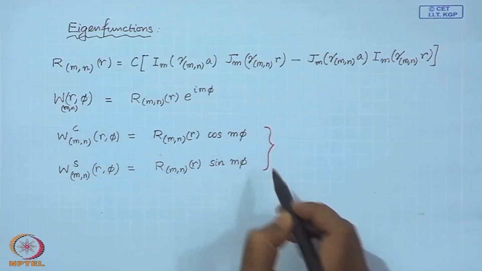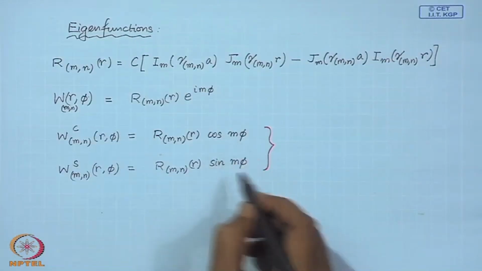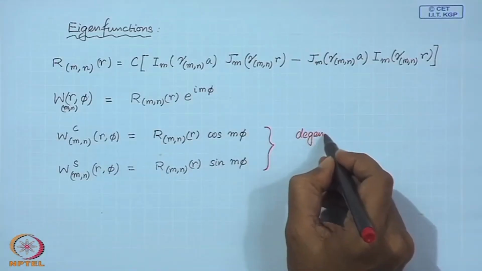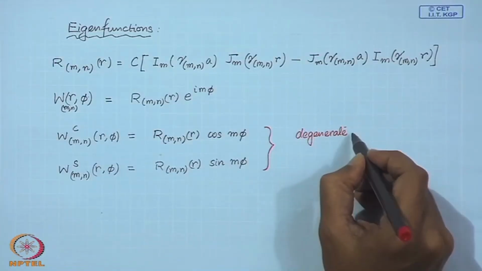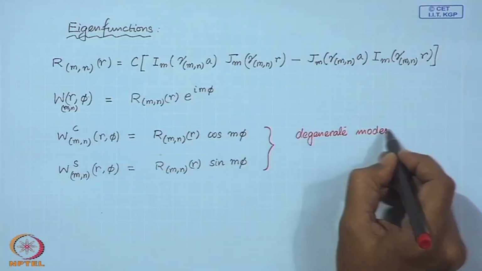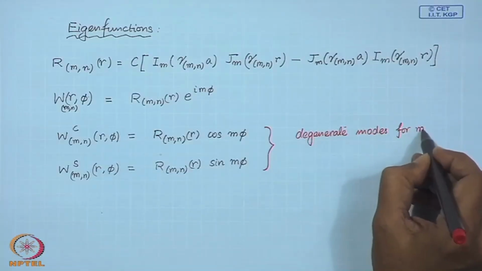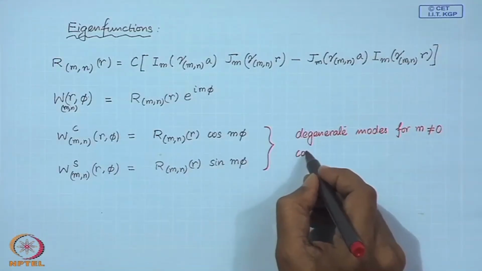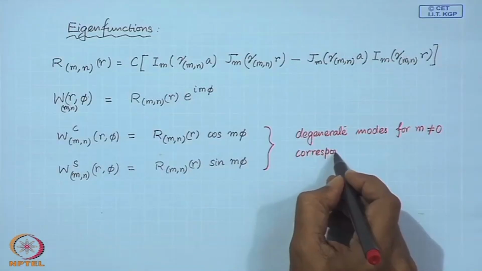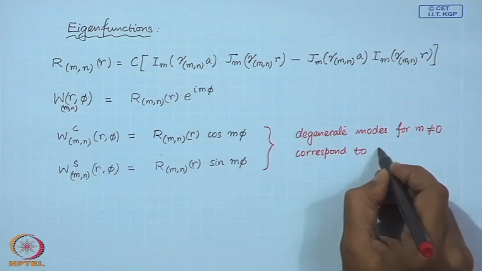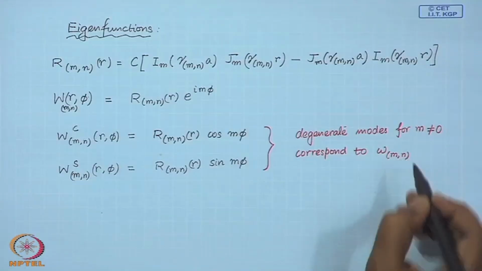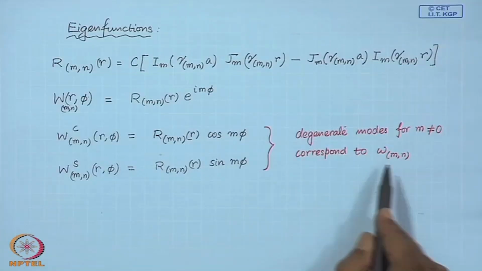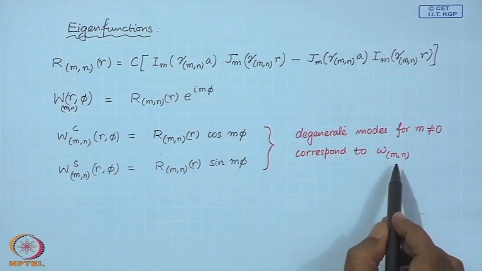So, these are degenerate modes for m not equal to 0. Both these modes correspond to this circular natural frequency omega_mn.